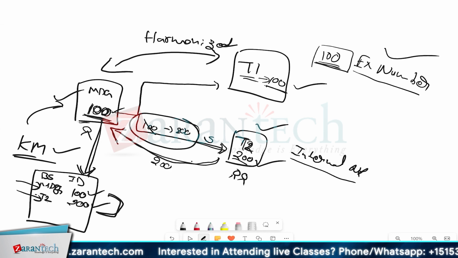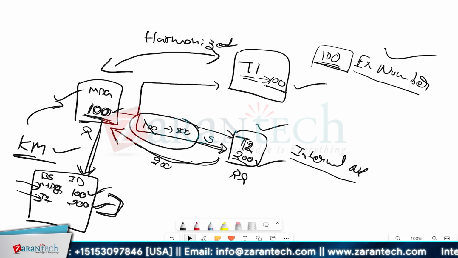In this set, you have material number 100, and the system will pick up from here the corresponding material number, which is 200. It will pick up this 200 material number, and in your outbound IDOC, the system will replace the values. 100 will be replaced with 200 in the IDOC value. Your material number will be replaced, 100 with 200, and that 200 will be sent as the material number to your T2 target system.